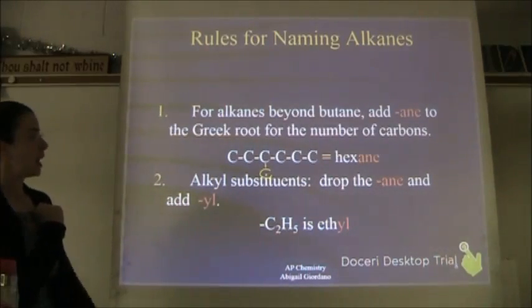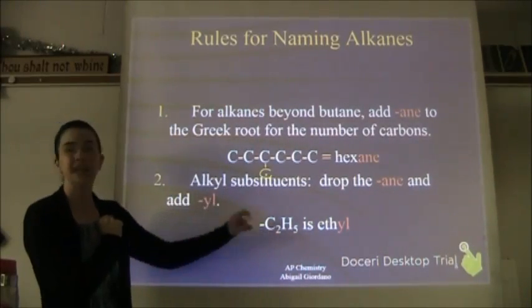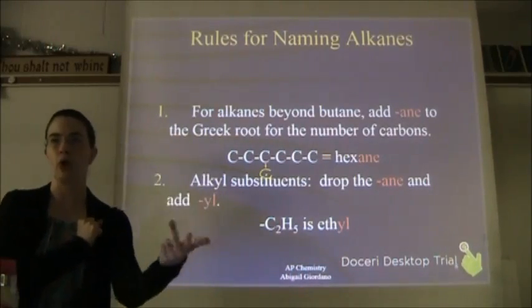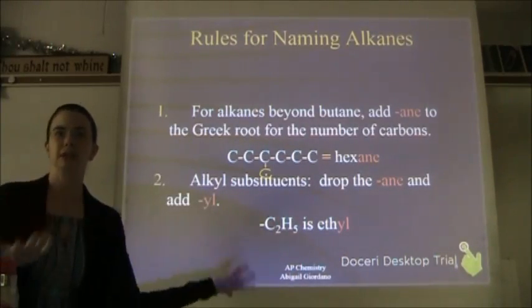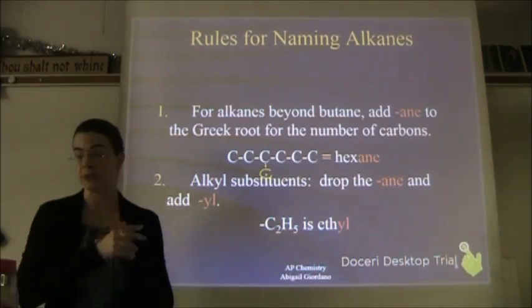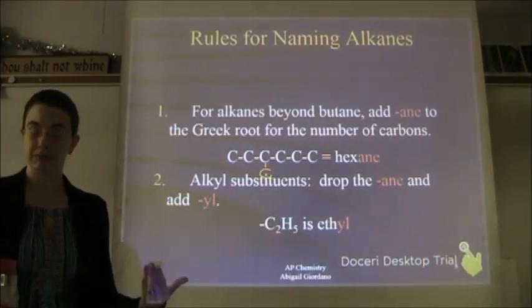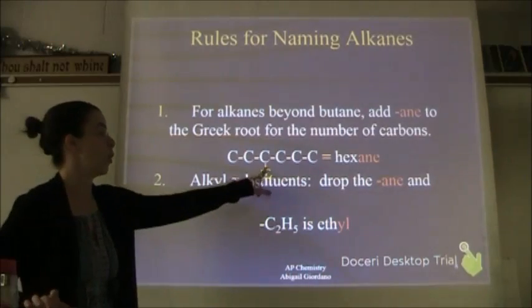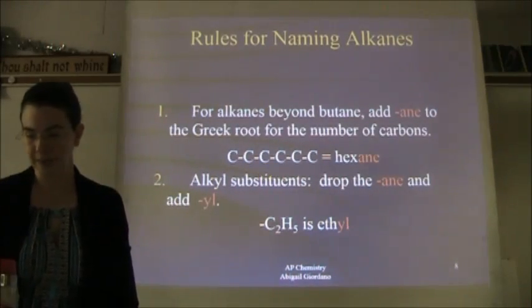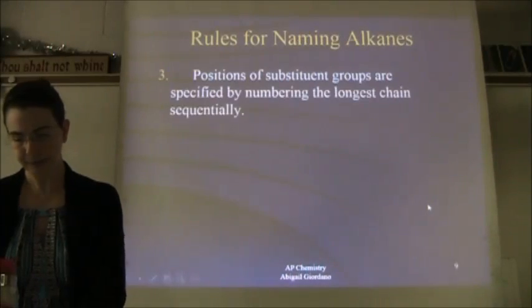If I had 2 carbons attached, I would call it ethyl. Methyl, ethyl, propyl, butyl, pentyl, hexyl, etc. So that's how you name substituents. Now, do you have to identify where that substituent is attached? Yes, you do. So let's talk about that.